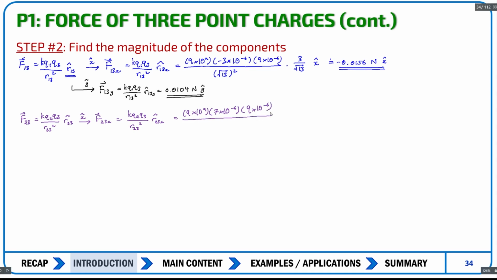And it's all divided by r squared. So that r is the square root of 10, squared. But this is r23x, and we determined that it was this in the x direction. So the answer is approximately 0.0538 newtons in the x-hat direction. And we move on to the next one.